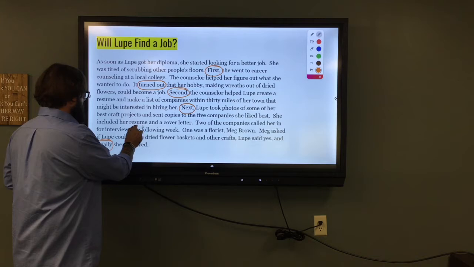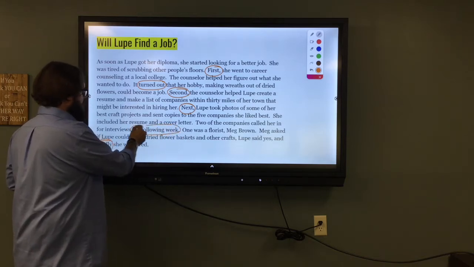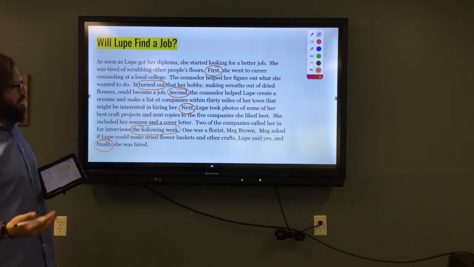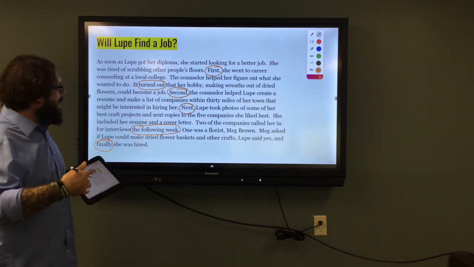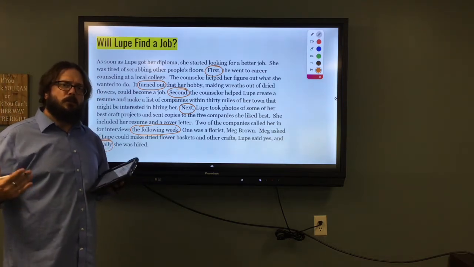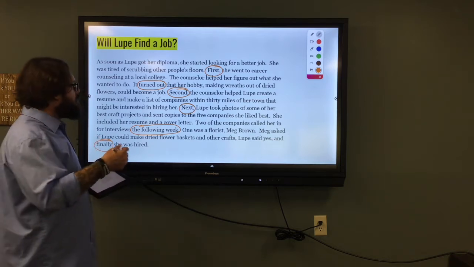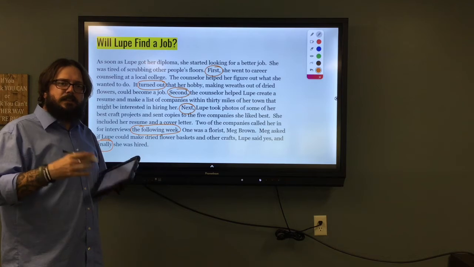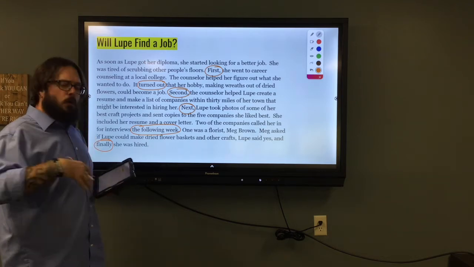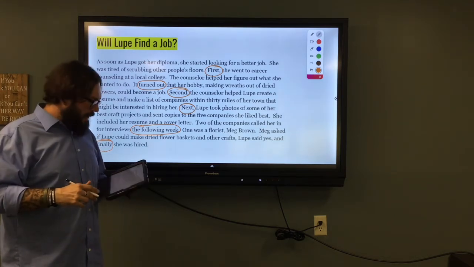Okay, so we see that here. She was called in for interviews the following week. So if we're going to just briefly describe what happens in this story in chronological order, we can use these signal words to help us narrow down specifically the key points that we need to bring out.